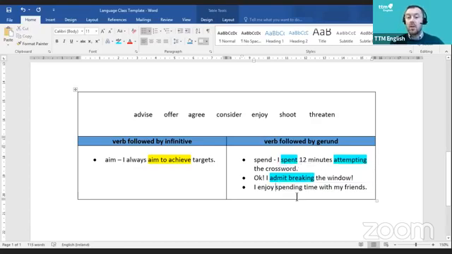It's not like like or love. You could say, I like to spend time and I like spending time. They're both the same. You could say, I love to spend time and I love spending time, but you can't say, I enjoy to. So you're absolutely right. I enjoy spending time. Very good.